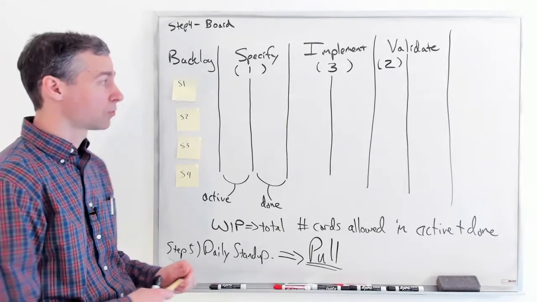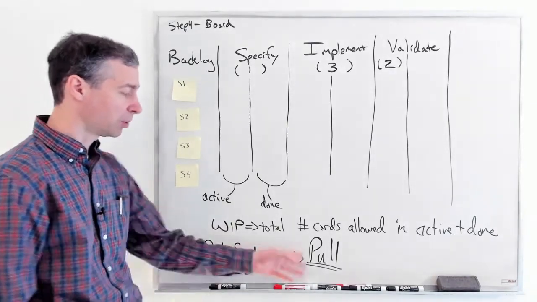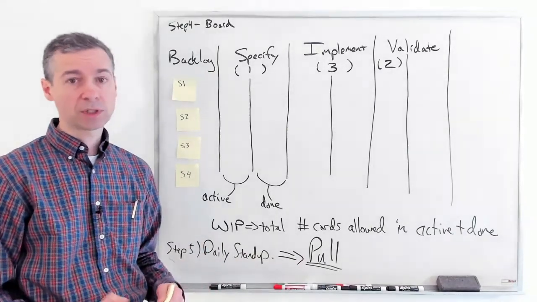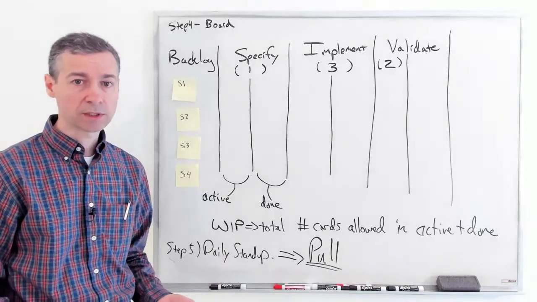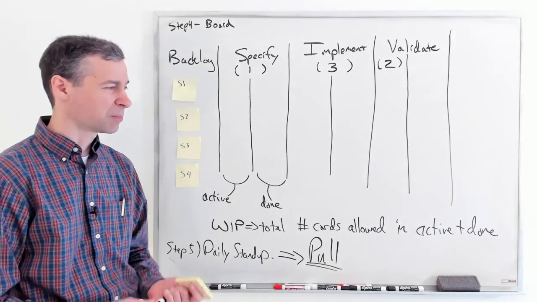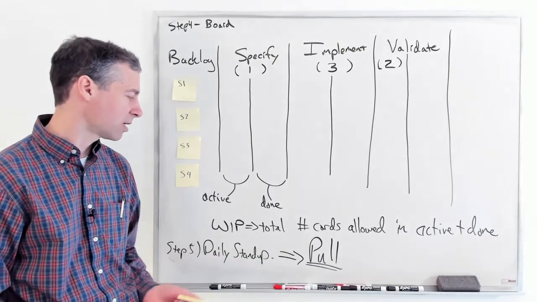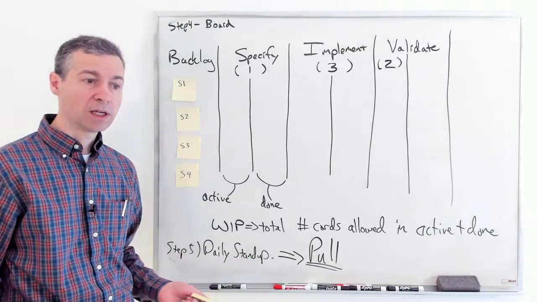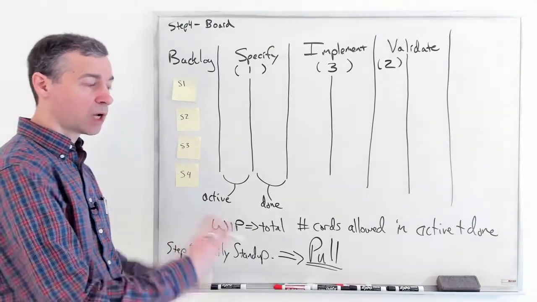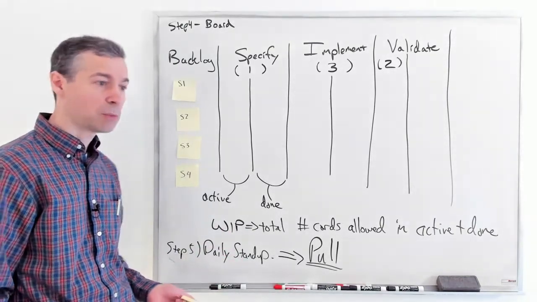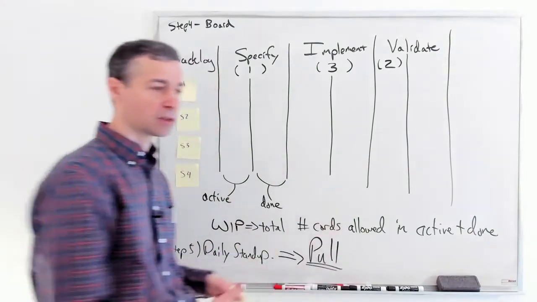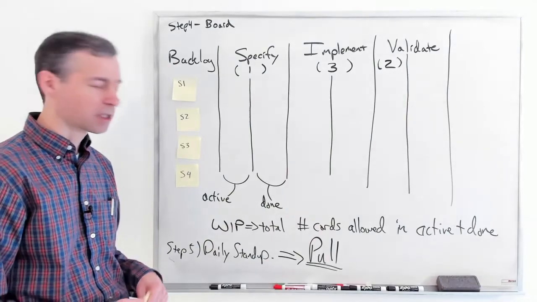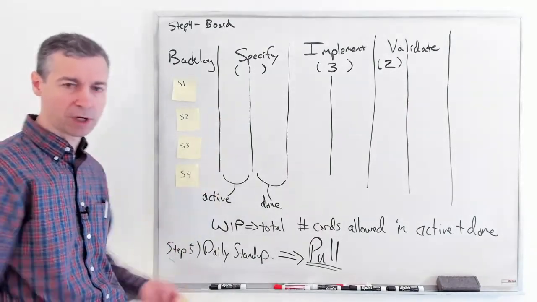You can do the pulls at the stand-up, or they can just be done on a regular basis. But let's envision that they're done at the stand-up every day: you're going to find out what has been done, and people will be signing up for things to do, within reason. They're not going to talk about it. We're just going to move some cards.